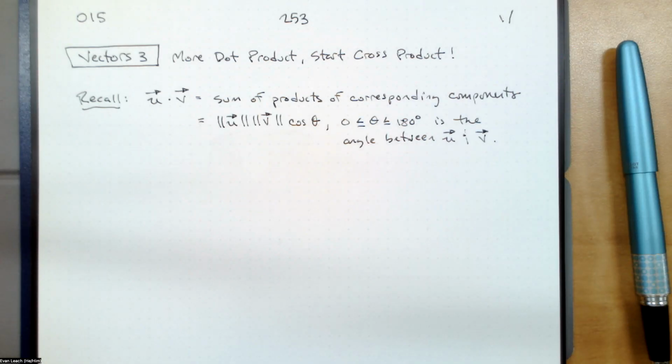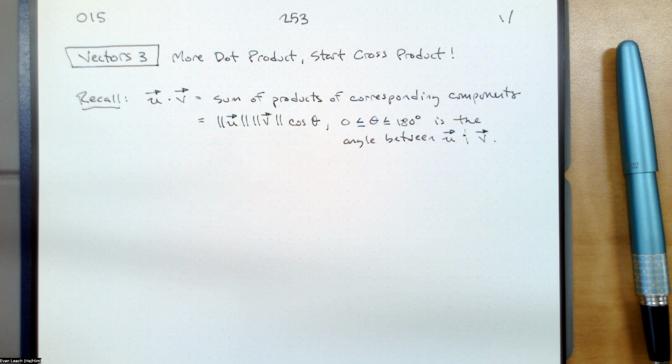If you recall, yesterday we talked about the dot product, and we want to think about the dot product as multiplication at an angle. We have two ways to define the dot product. The u dot v is the sum of the products of the corresponding components. That's the most useful way to calculate the dot product.